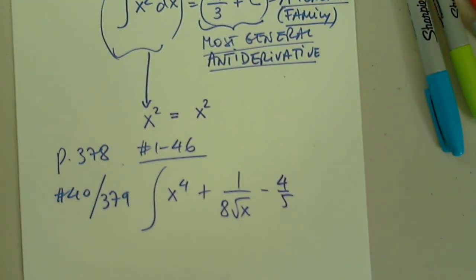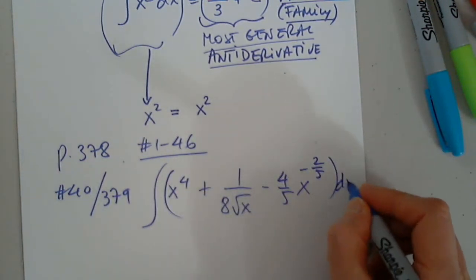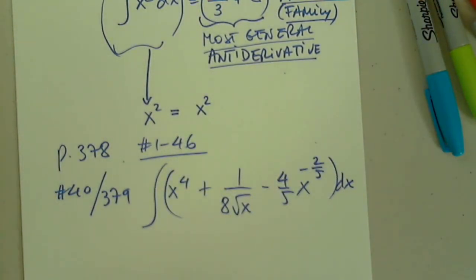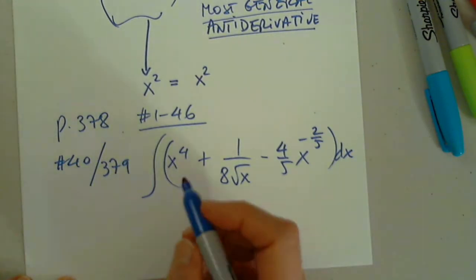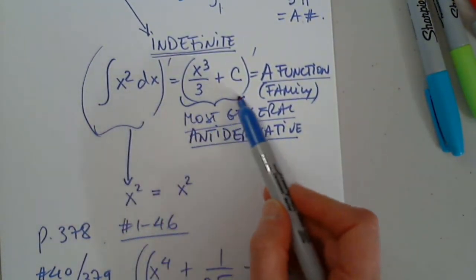Make sure I'm not copying from 2 problems. Okay, so I'm checking. X to the 4th, yes. 1 over 8 the square root, yes. Negative 4, yep. Okay. So we know that the result is a function, and we know that if we want to check, we can always check.